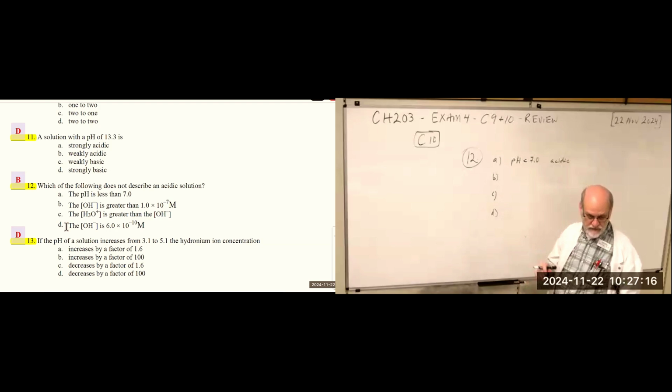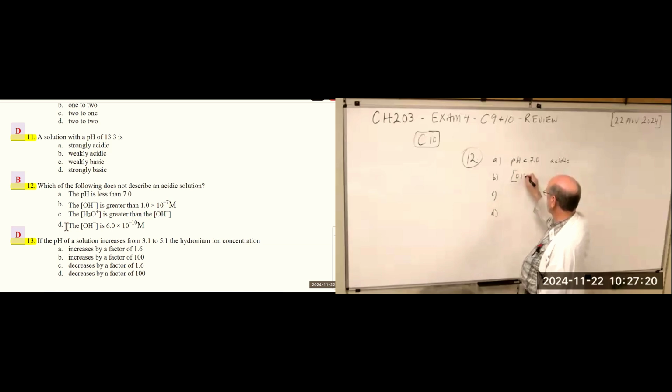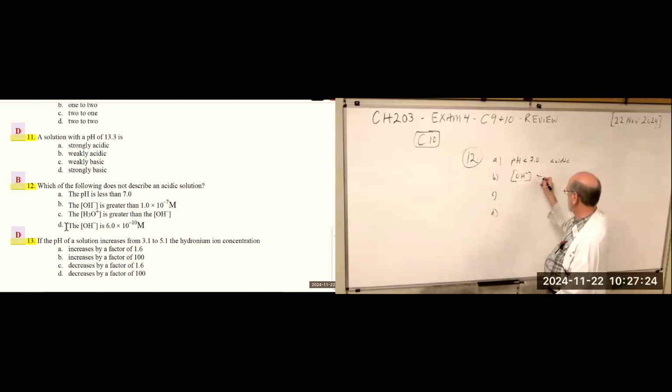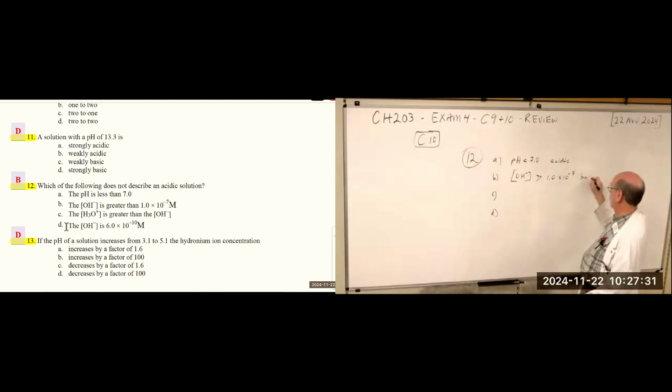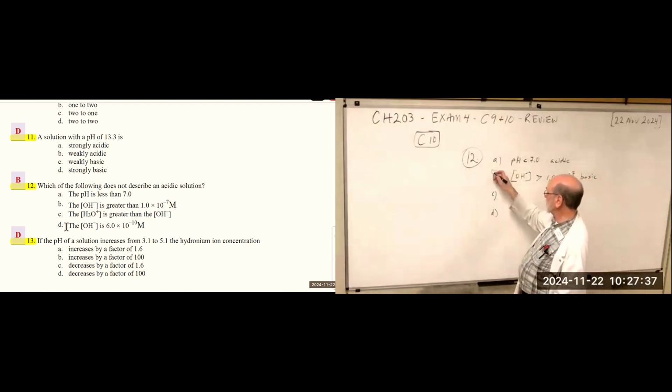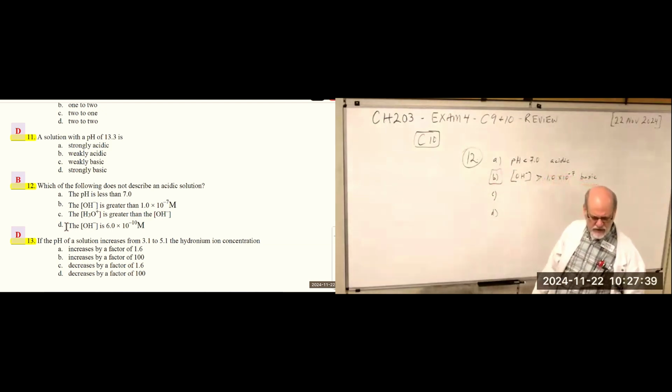We're looking for the one that doesn't describe an acidic solution. OH minus, equilibrium concentration, is greater than 1 times 10 to the minus 7. If it's greater than that value, it's basic. Right. So B is a good answer. C and D should be acidic.